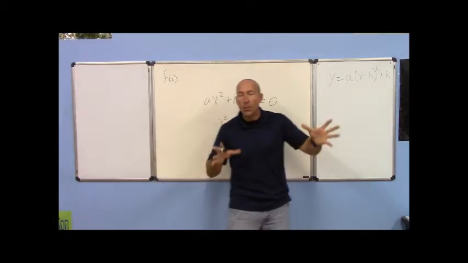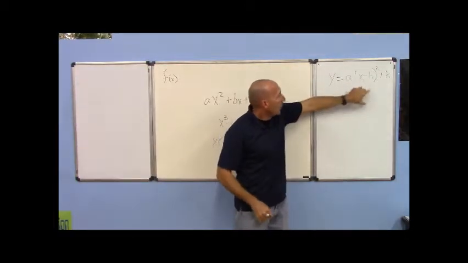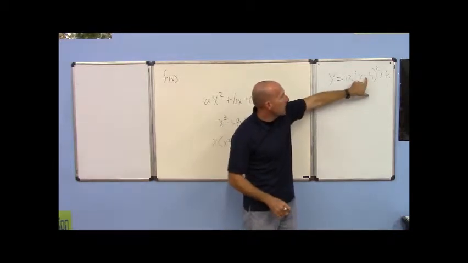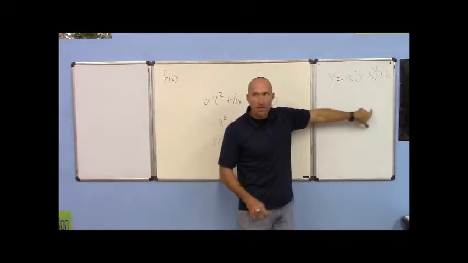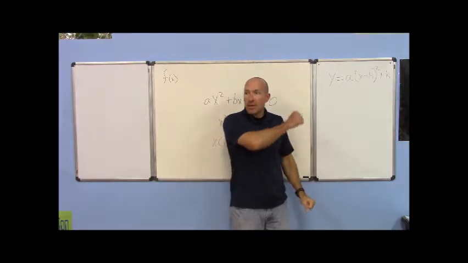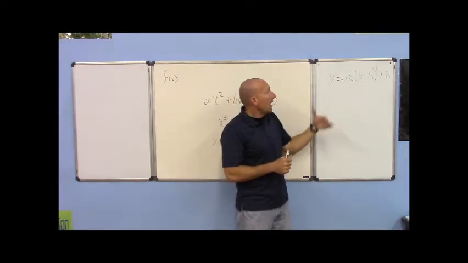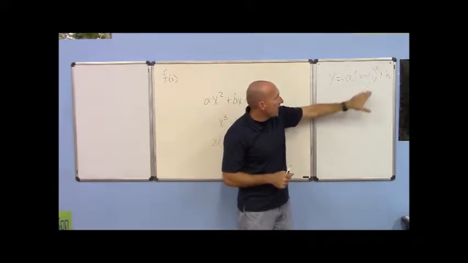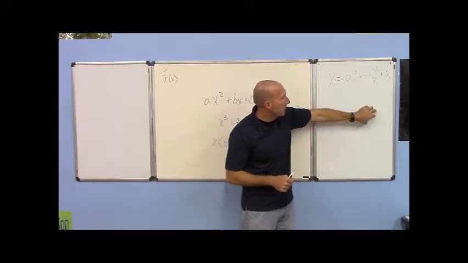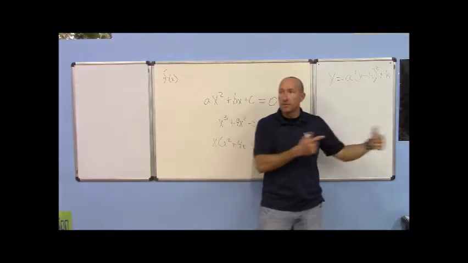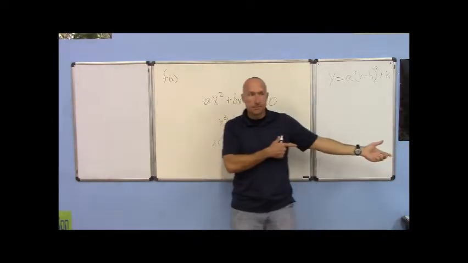Another way to think about this: whenever we write this out, if this ends up being x plus some number, then you're going to go in the negative direction because we had to change this. If this stays the same, x minus a number, then it's going to go in the positive direction along the x-axis.